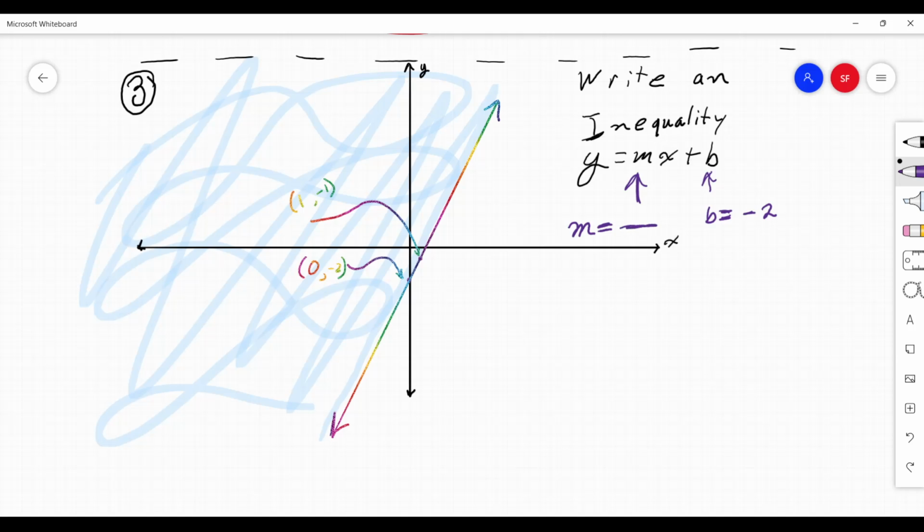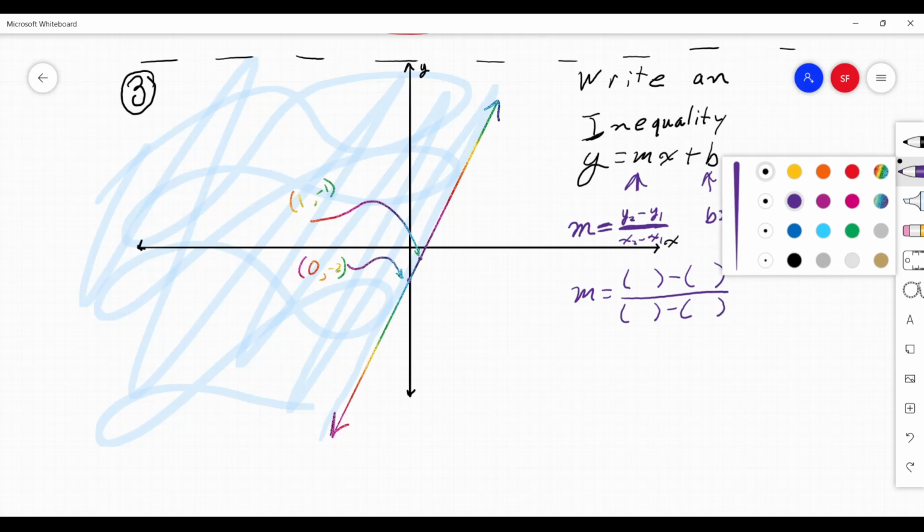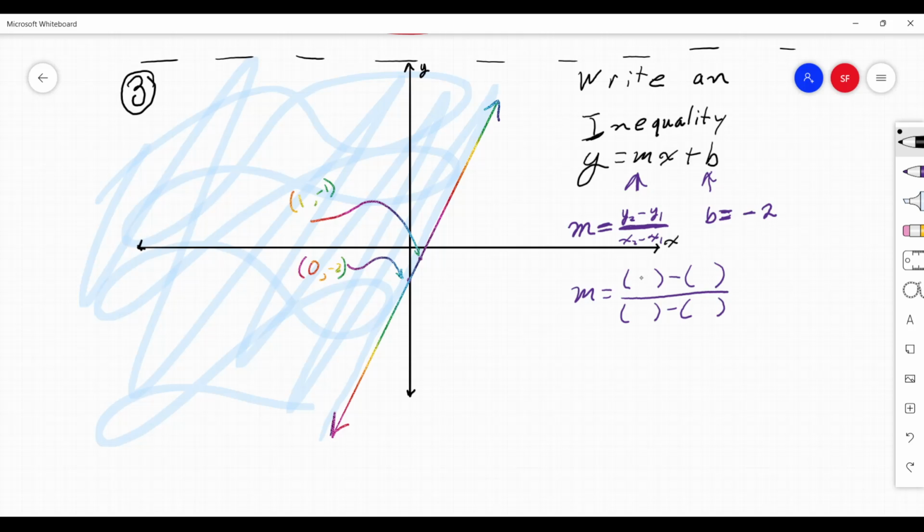What's the slope formula? Y equals mx plus b. That's the slope-intercept form of a line. What's the slope formula? Oh, y2 minus y1 over x2 minus x1. So we're going to plug in. What are we going to plug in right here? -2.